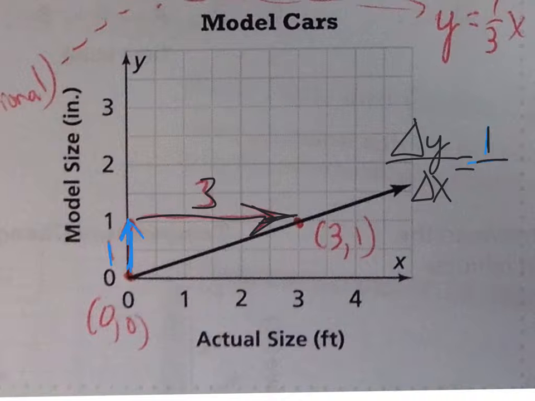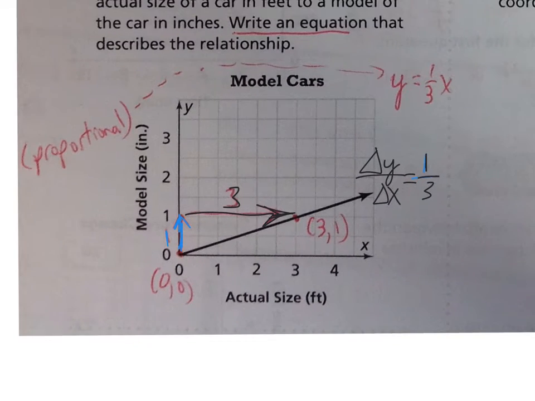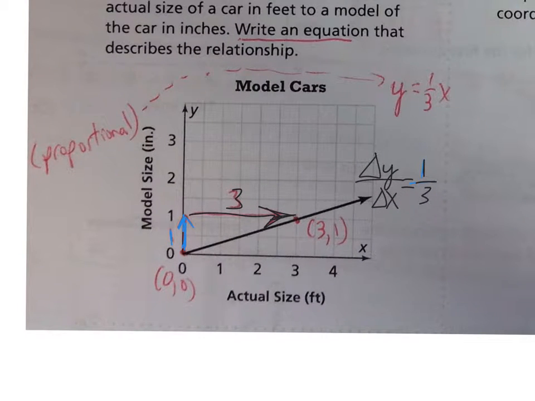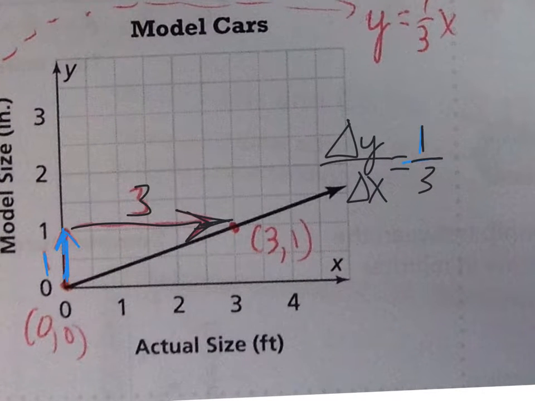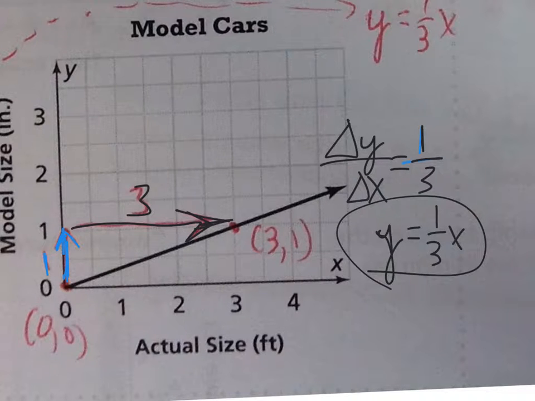So up 1 over 3, our slope is 1/3. And so that means our equation would be y equals 1/3 x. So y equals 1/3 x is the answer for number 2.